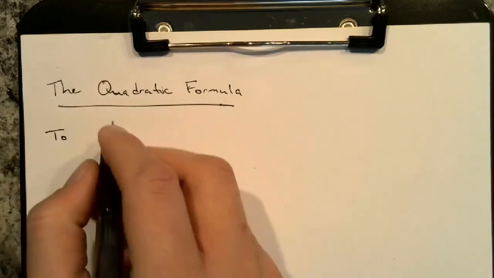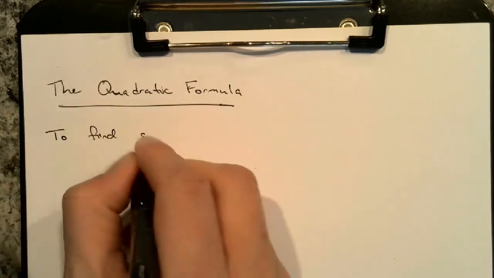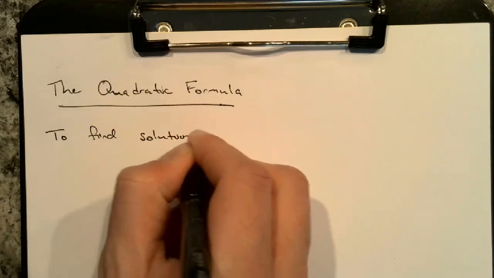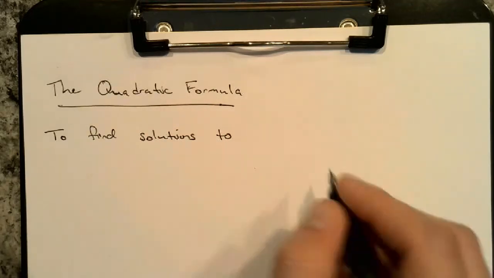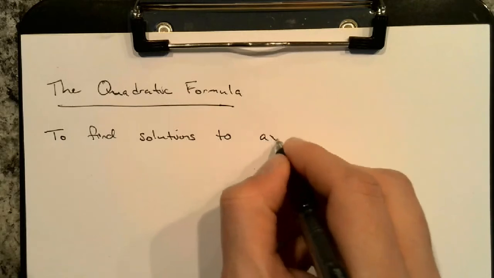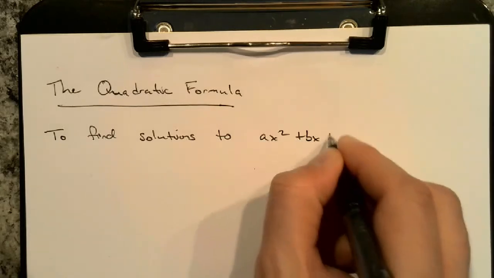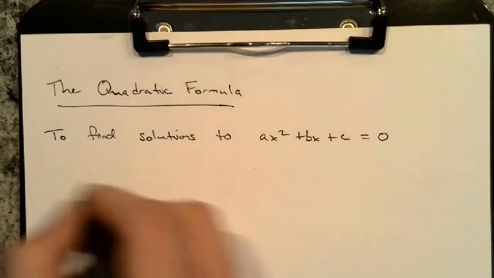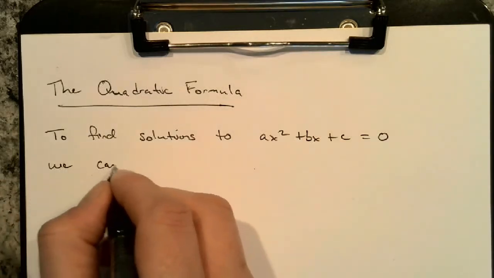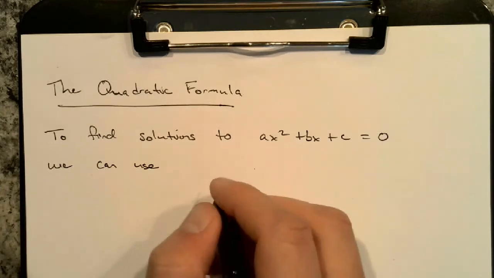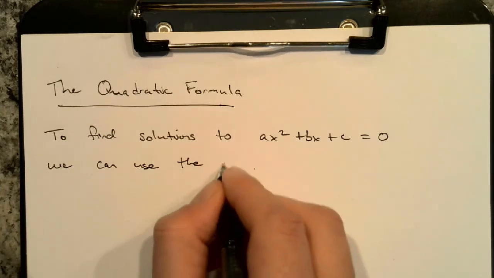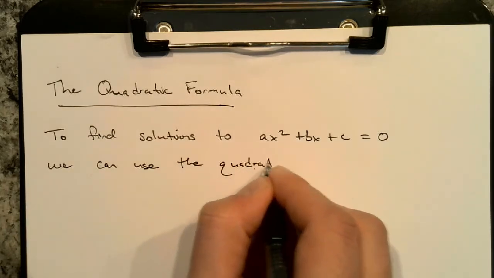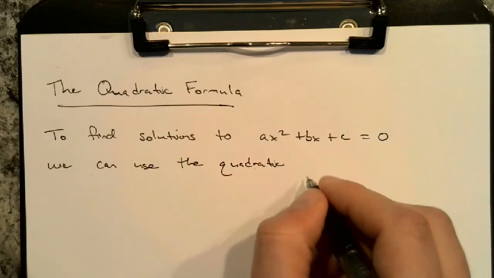So to find solutions to ax squared plus bx plus c equals 0, we can use the quadratic formula.